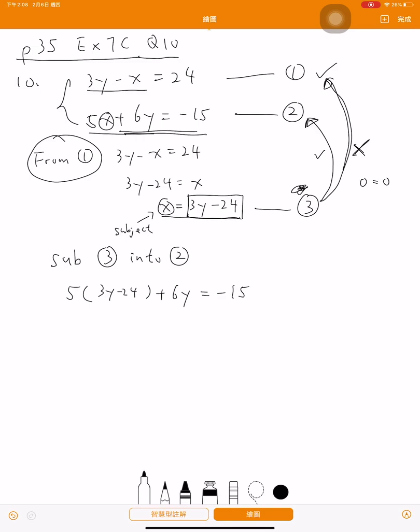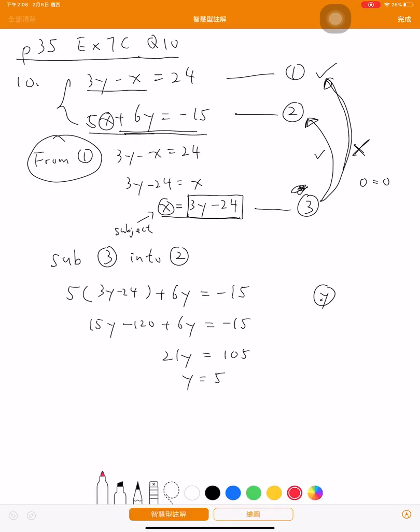So now we have only y as the unknown, right? And then we can simplify. Removing bracket, this one minus 120, this one 6y. Put the y together, the number on the other side there is 105. So y is equal to 5.